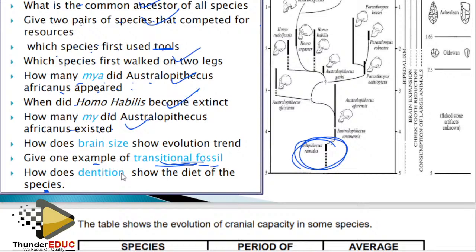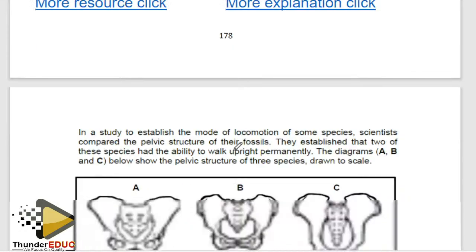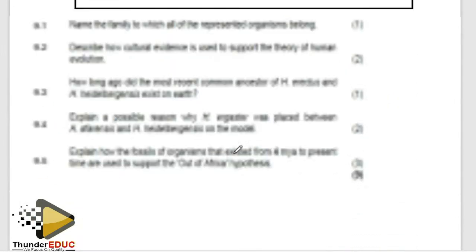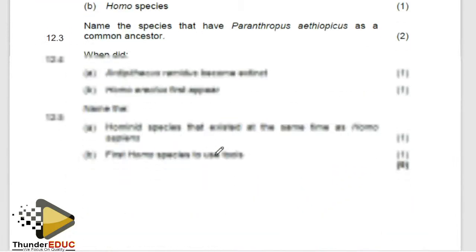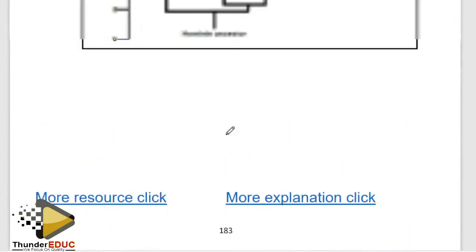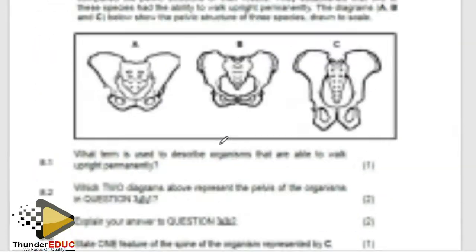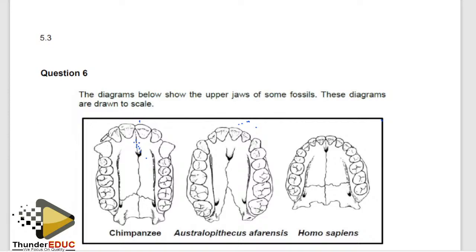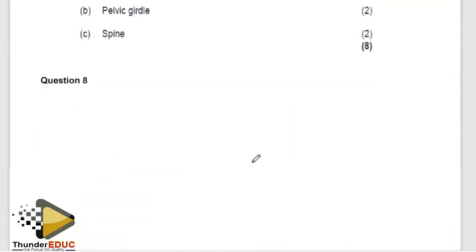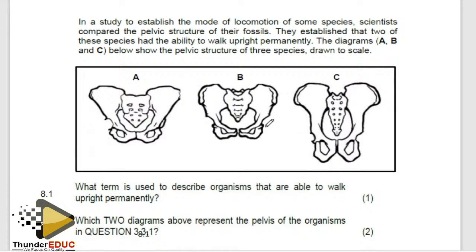If you have sharp canines, it means that you are feeding on raw food, food which is raw. You understand? Yes. Raw food. And this food is tough, therefore you have to use sharp canines like this. Sharp canines, yes. I think that's the question.